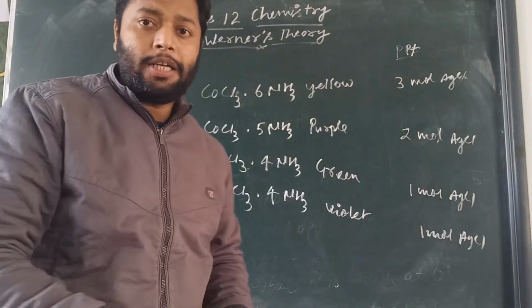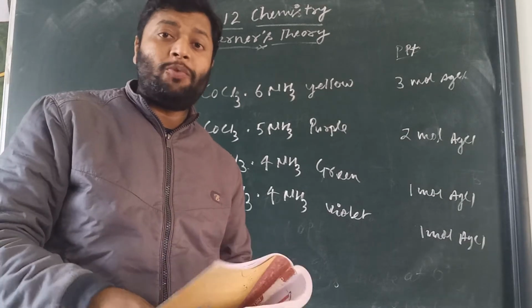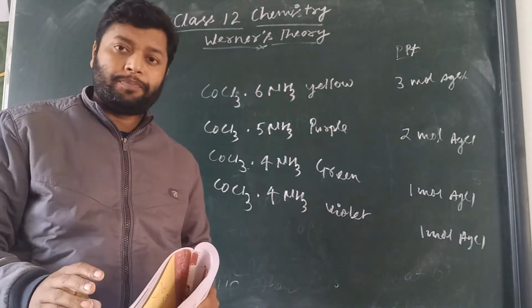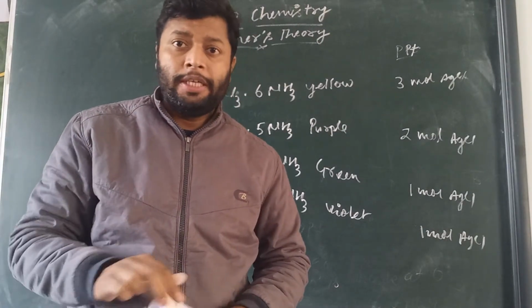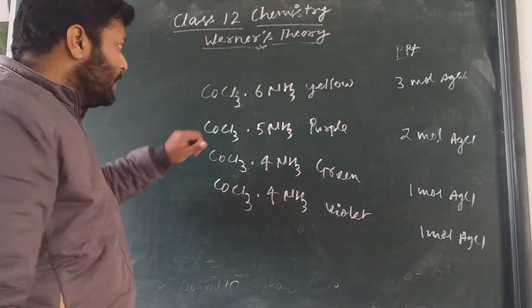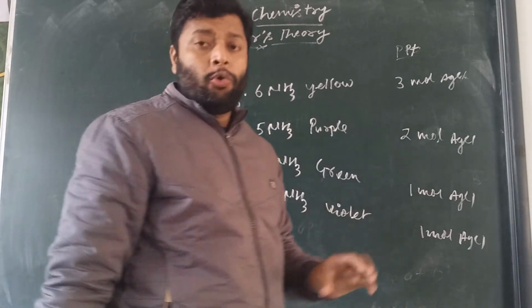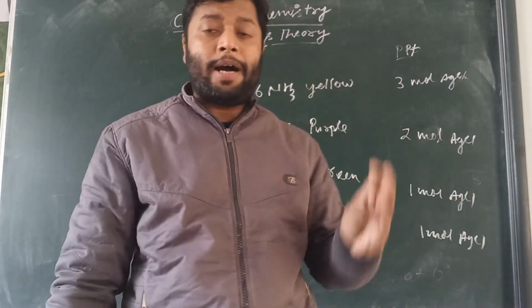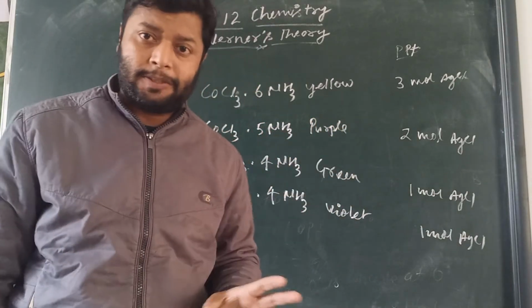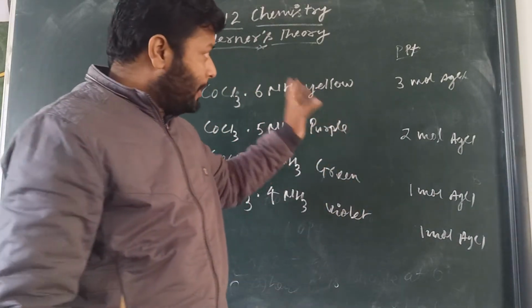Students, with this data, let's discuss what Werner explained about the nature of coordination compounds. He examined that when silver nitrate solution is passed through the solution of cobalt chloride ammonia complex, he observed four different results in a series of experiments.